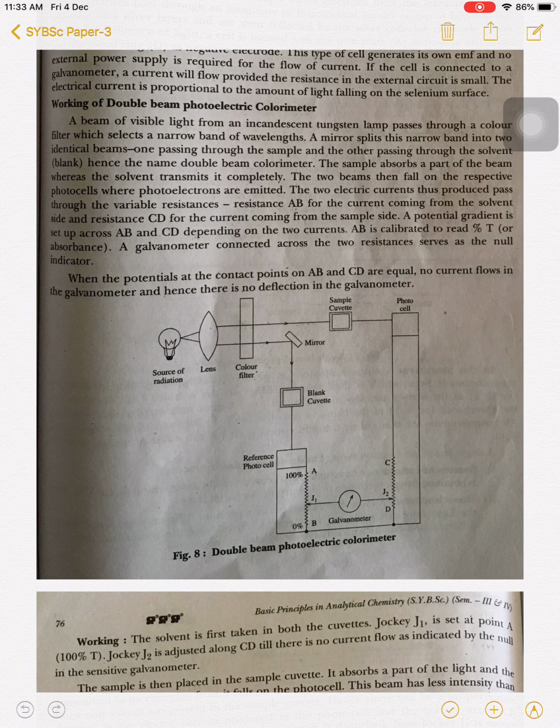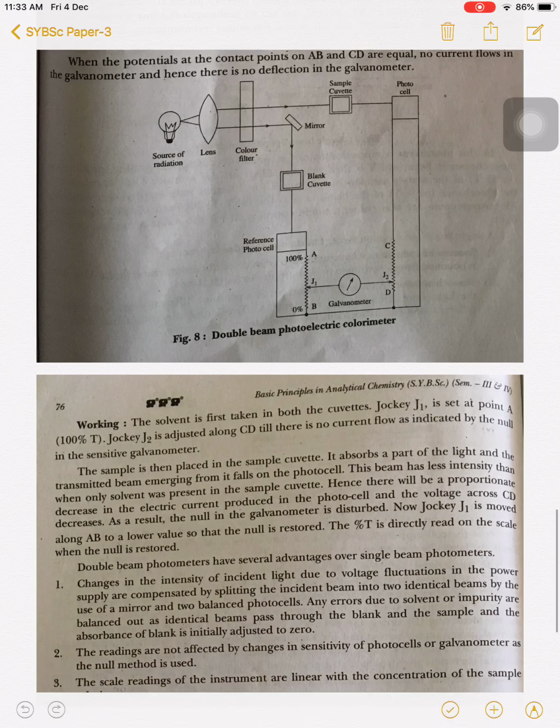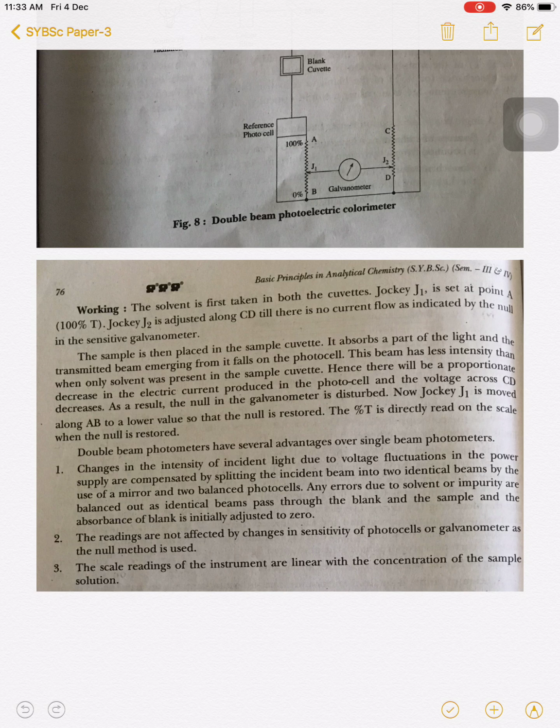In the double beam colorimeter, we know that the visible light is split into two equal identical beams, and one is passing through the sample and the other is passing through the solvent. After that, we calculate the difference in potential at the galvanometer, and by use of that we know the readings of transmittance and absorbance. By use of that we can easily calculate quantitatively the concentration of a colored solution in the case of single and double beam colorimeters. Thank you.